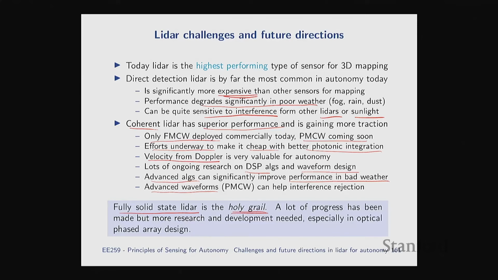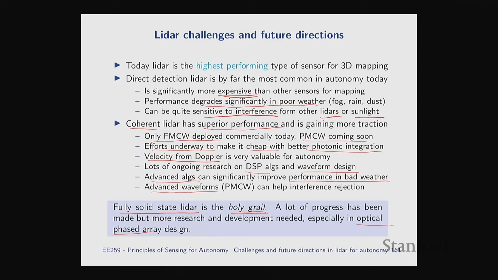A robust, high-quality, high-performing beam scanning solid-state solution still doesn't exist, but a lot of progress has been made, and I'm sure eventually we'll get there. Something like an optical phased array is needed to do a fully solid-state LiDAR. We don't quite have it today, but I'm fairly certain we'll get there sooner or later.